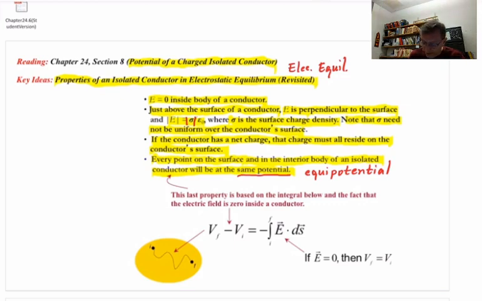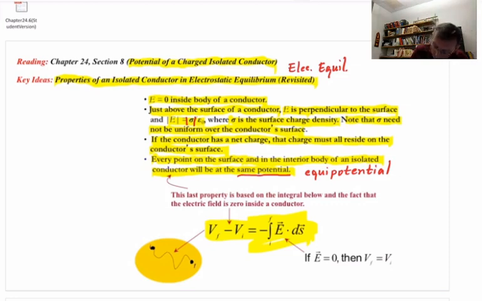Okay? It comes from one of the most important formulas in chapter 24, that enables us to calculate the potential difference between 2 points by doing a line integral of the electric field between those points. And that's what I'm going to apply here, because I want to calculate the potential difference between the final point that I picked in the body of the conductor and the initial point by doing the negative integral of E dot ds.